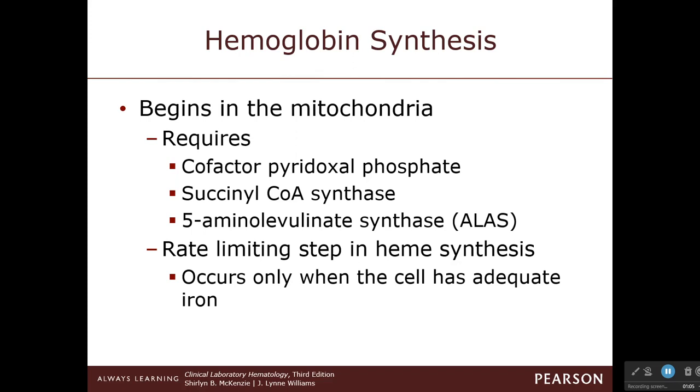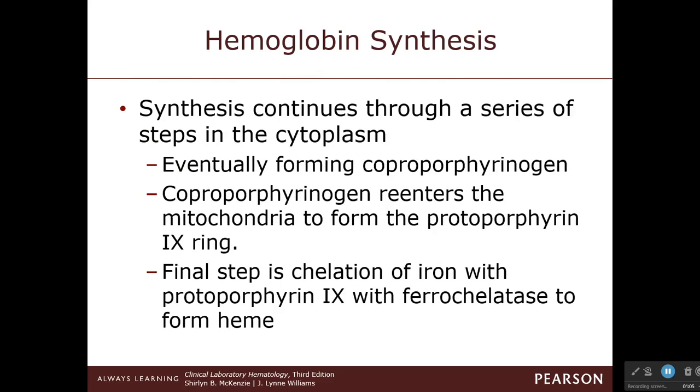Then the iron, okay? Now iron's not there yet, but it also acts as a limitant. We haven't got to iron yet, okay? Then that part of the ALA moves to the cytoplasm of the cell, okay? ALA moves to the cytoplasm.